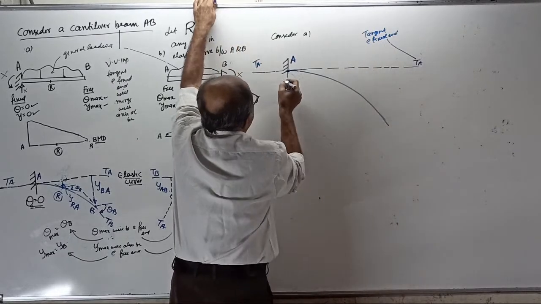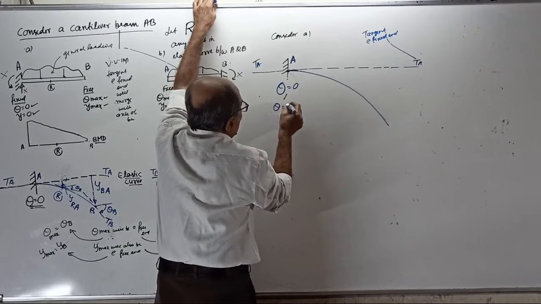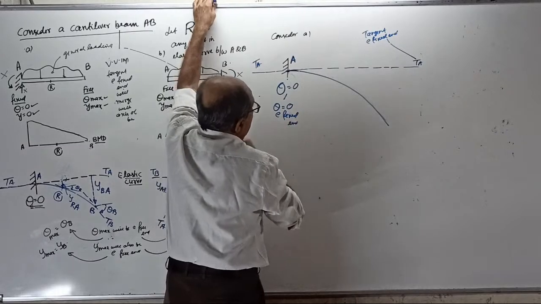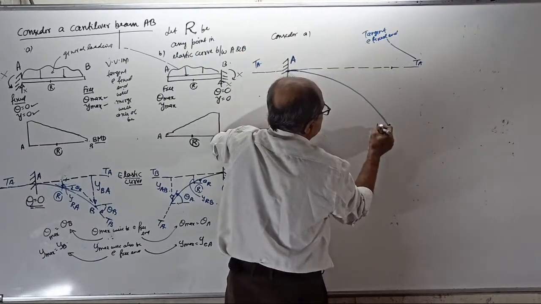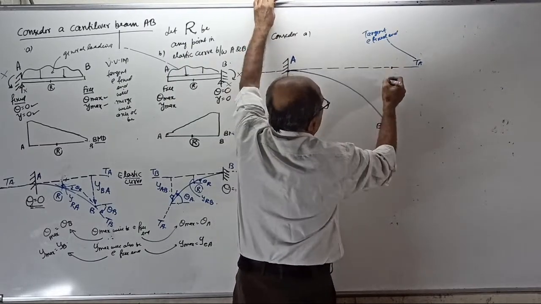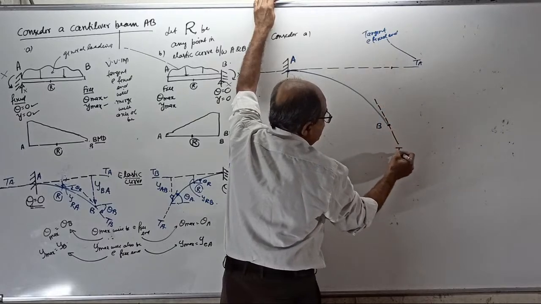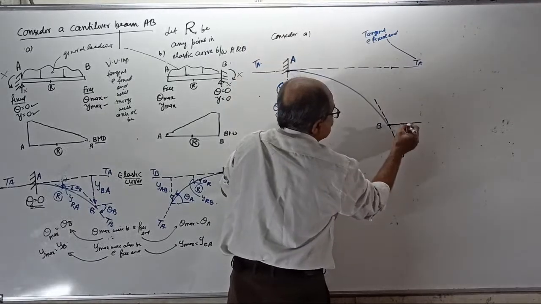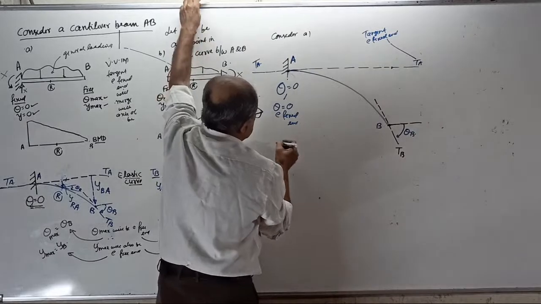Theta equal to 0 at the fixed end. Now the point B will be here. If I draw a tangent at B, this is the slope of the point B. Now, use the first theorem.